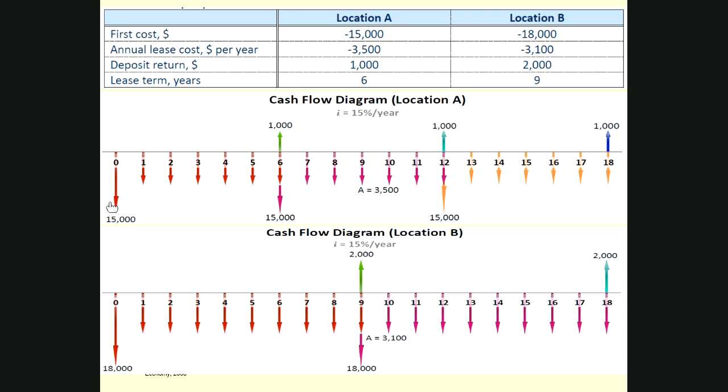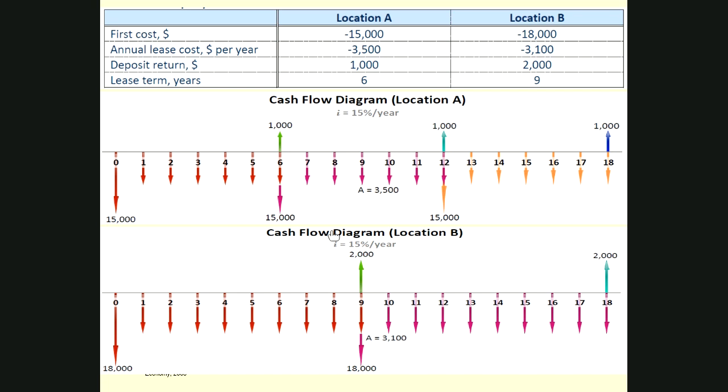So P given A multiplied by the 3,500, for interest rate 15% and number of years 18. And then you convert all the others to time 0. The first 15,000 doesn't need to be converted because it's already at time 0. However, the other 15,000 amounts need to be converted because they are placed in year 6 and year 12 respectively.